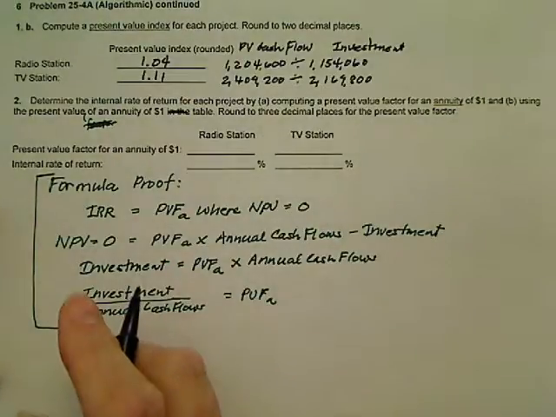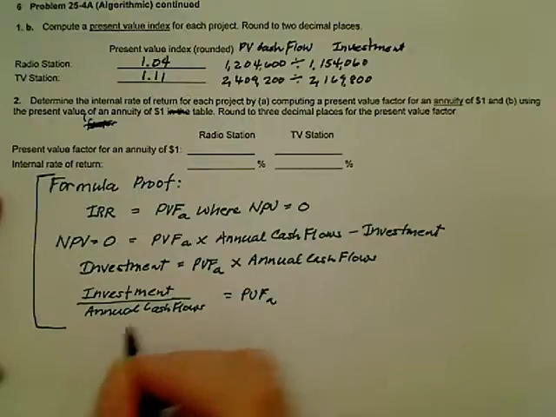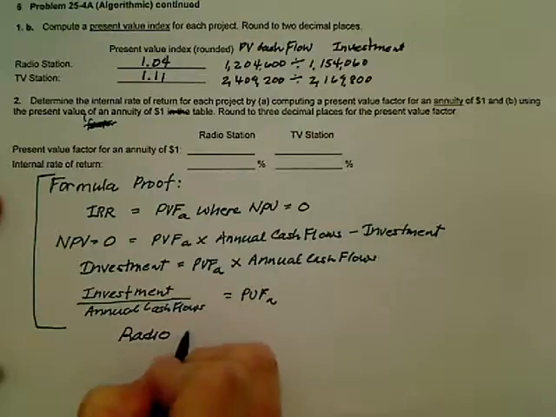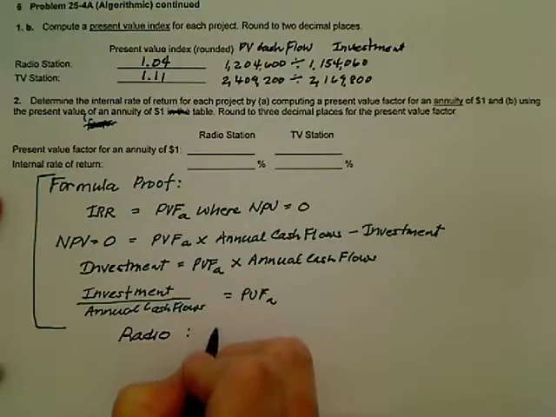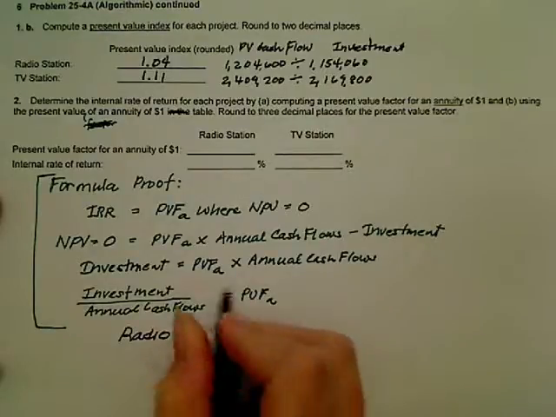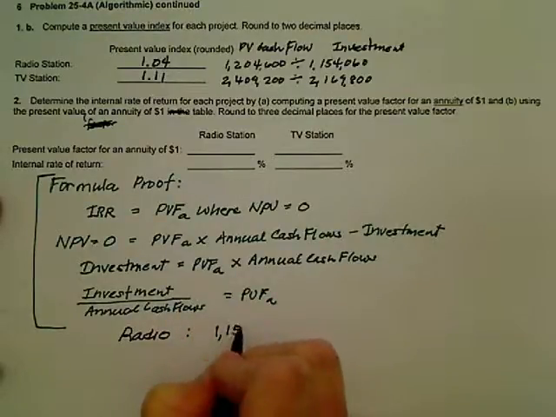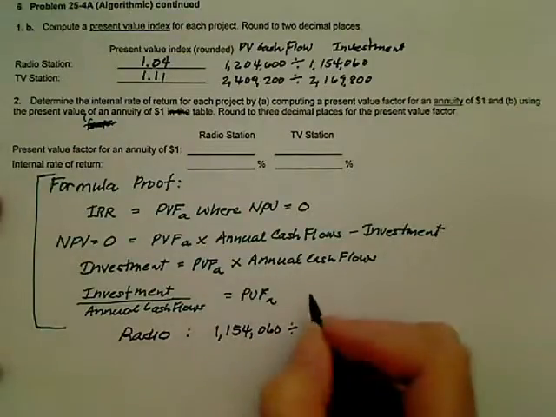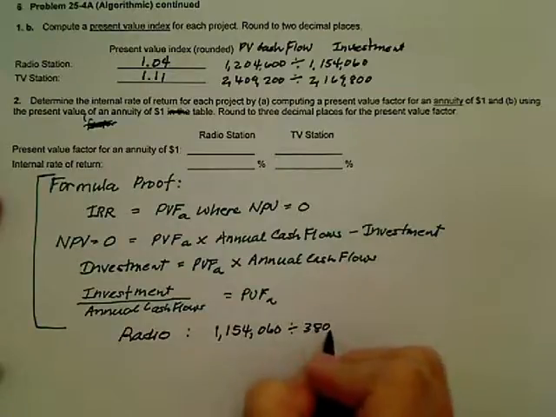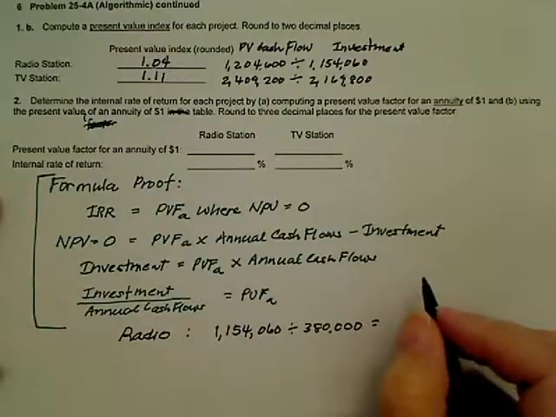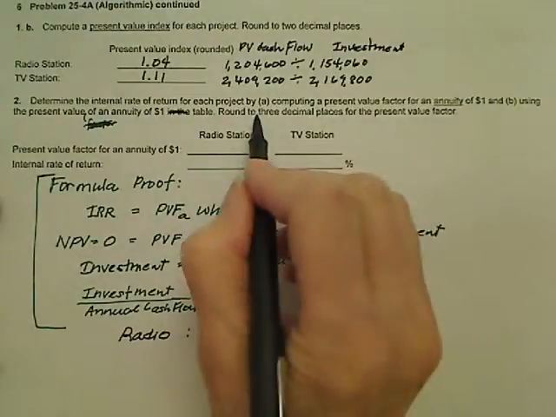For the radio station, investment divided by annual cash flows: 1,154,060 divided by the cash flows of 380,000 per year. And that gets a factor, rounded to 3 decimal places for the present value factor, of 3.037.